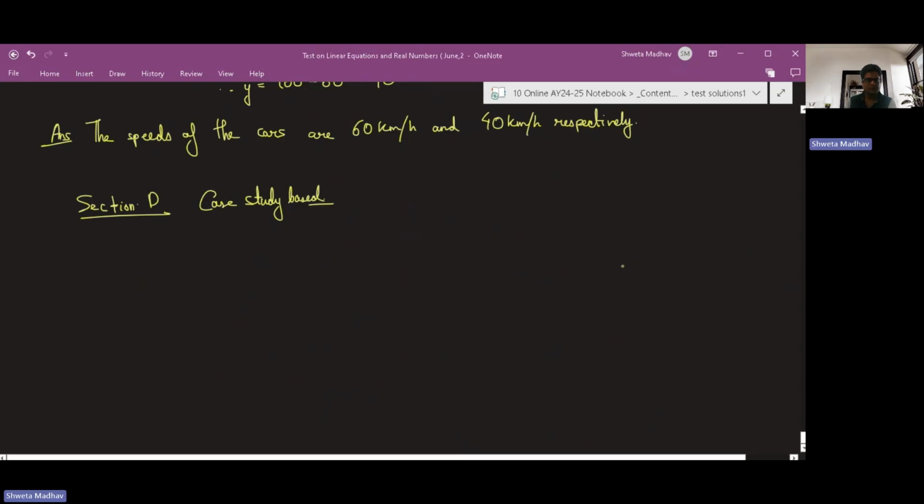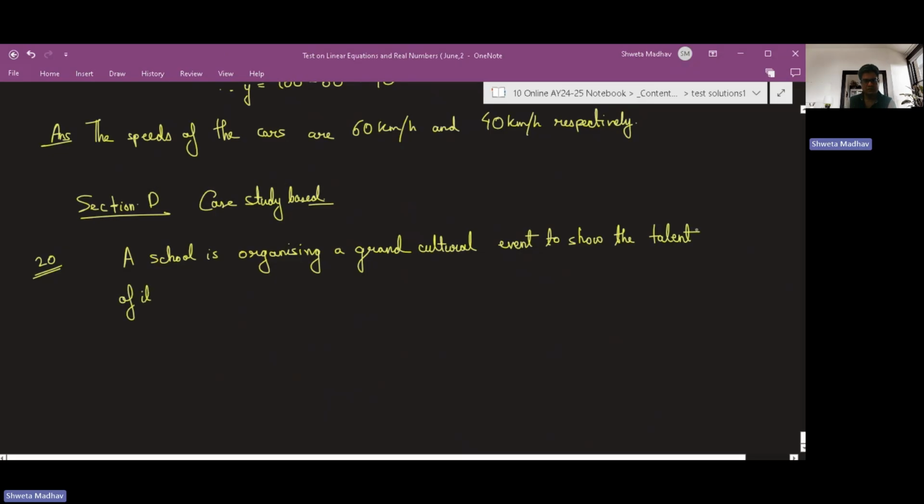So in question number 20, it has been told that a school is organizing a grand cultural event to show the talent of its students.